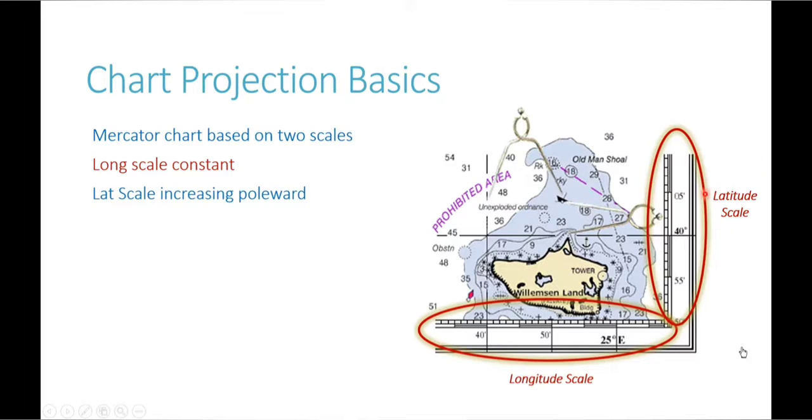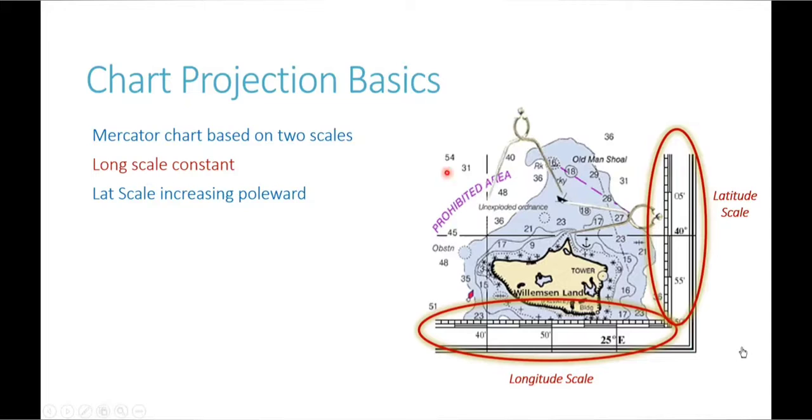Now, with respect to the latitude scale, it is not so. One, which we just now discussed, latitude scale is different from longitude scale, means 1 minute of longitude will not be equal to 1 minute of latitude. Secondly, even after this, the 1 minute of latitude is not even of a constant length over the entire chart. Means if you move to different locations on the chart, the length of 1 minute of latitude or 1 degree of latitude is going to vary.